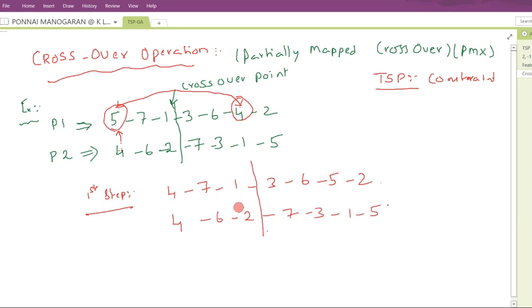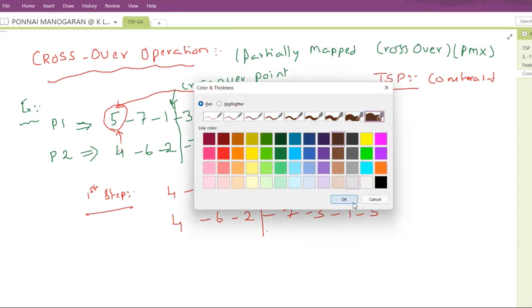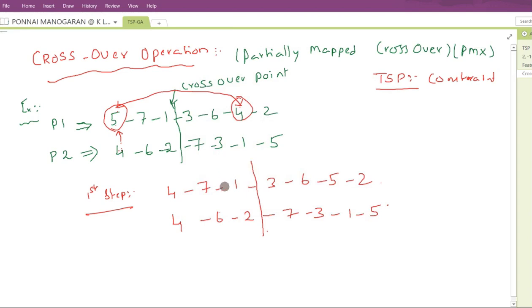Now the next step is you have to transfer the 6th number to the 2nd position. Again it is simple. I have to transfer to this position, but when you transfer to this, it will violate with this position. Here 6 is already present.